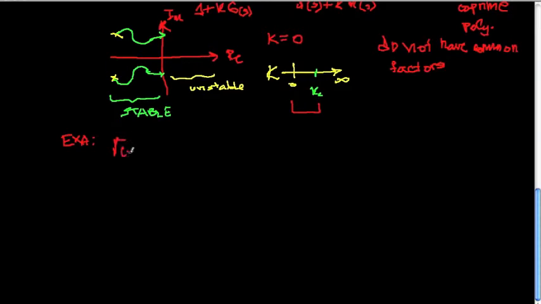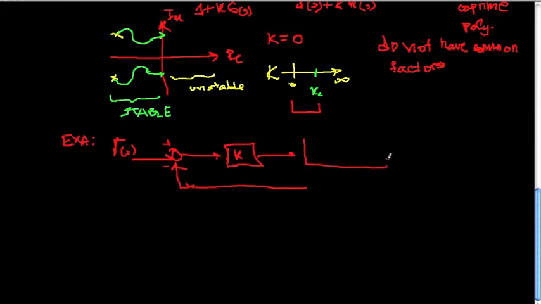This is R set, K gain here plus minus, and the transfer function of the system is 4s plus 1 divided by s squared minus 2s plus 3.